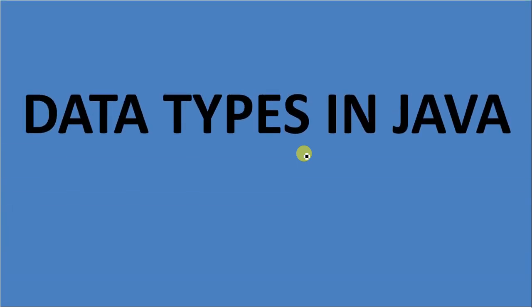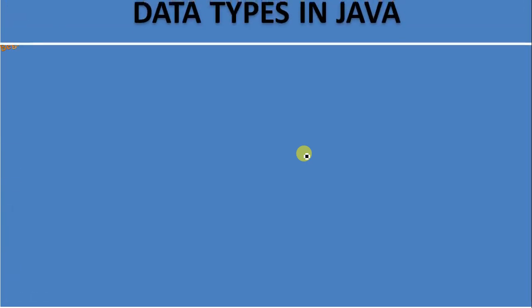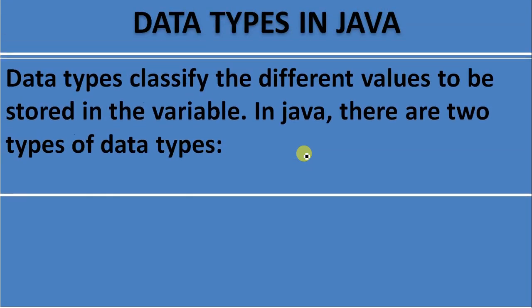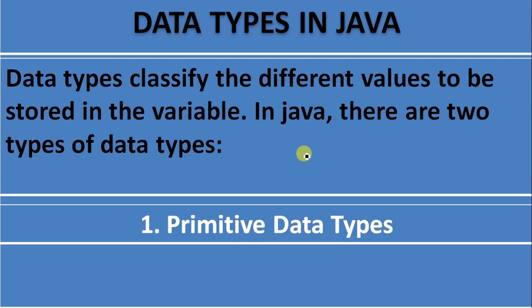Data types in Java. Data types classify the different values to be stored in the variable. In Java, there are two types of data types. Number one, primitive data types.